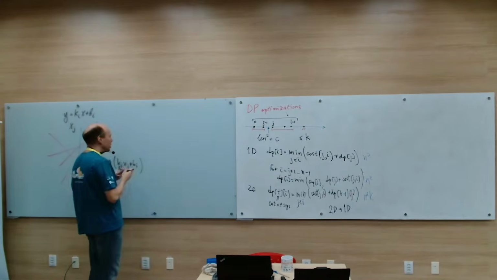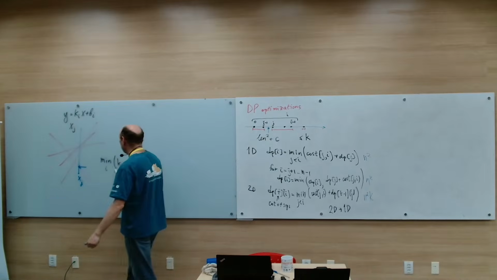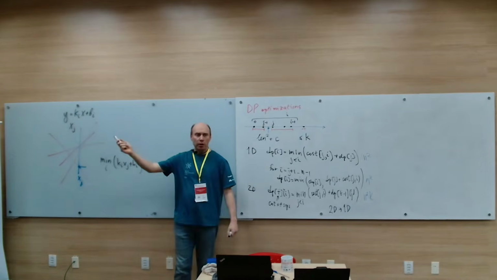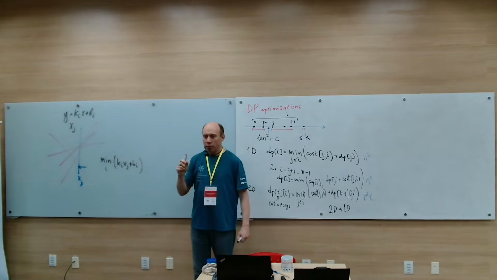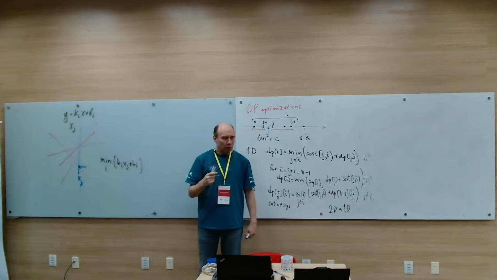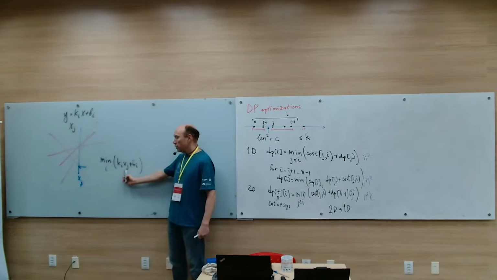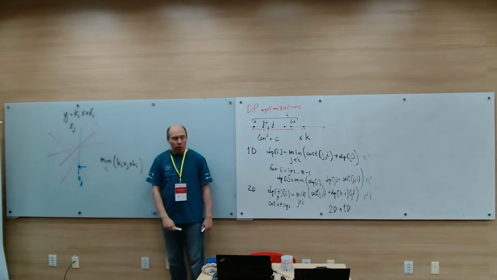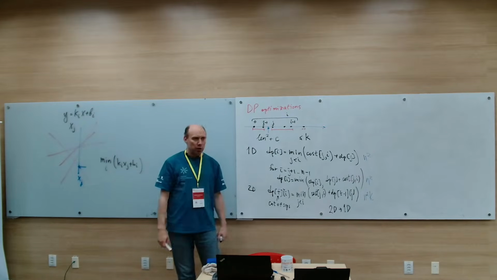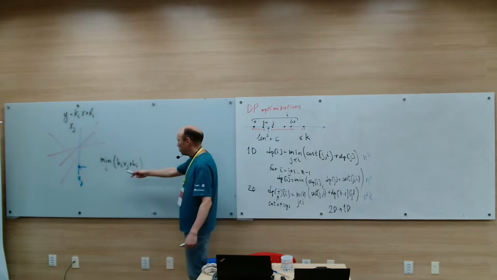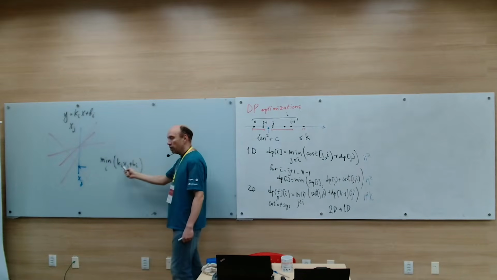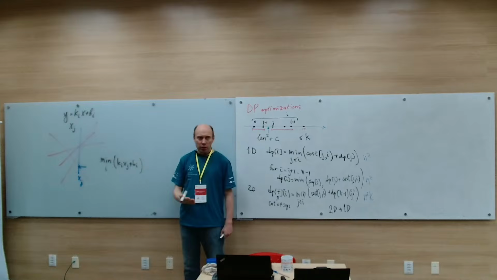Let's see. If xj is very small, minus infinity, what is the optimal line to minimize this value? Since xj is minus infinity, b doesn't matter very much, and we would like k to be as great as possible, because it is multiplied by minus infinity and becomes as small as possible.